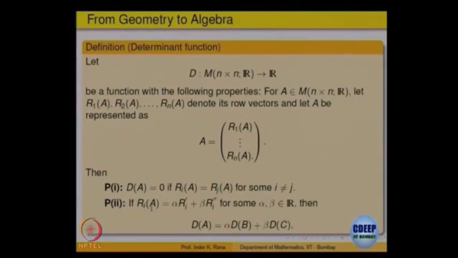The second property is linearity: if the ith row of A is a linear combination alpha ri' plus beta ri'', then the determinant of A is alpha times the determinant of a matrix B plus beta times the determinant of a matrix C. B is the same as A, except that at the ith place the row is ri', and in C every other row is the same except at the ith place, where the row is ri''.